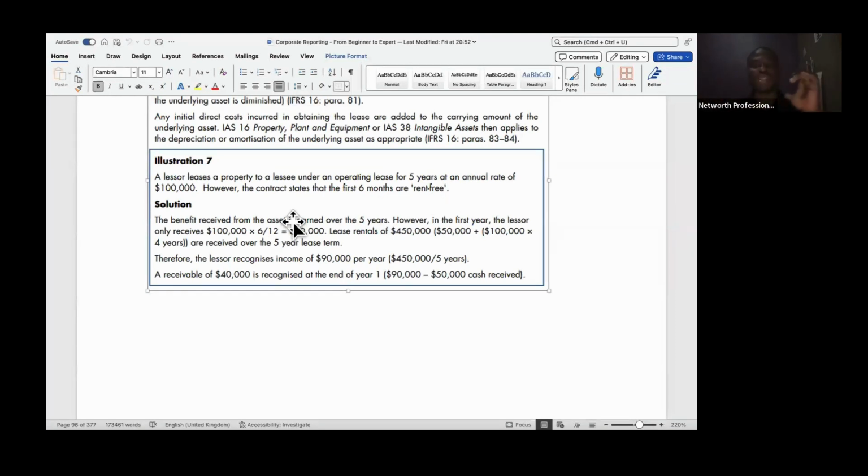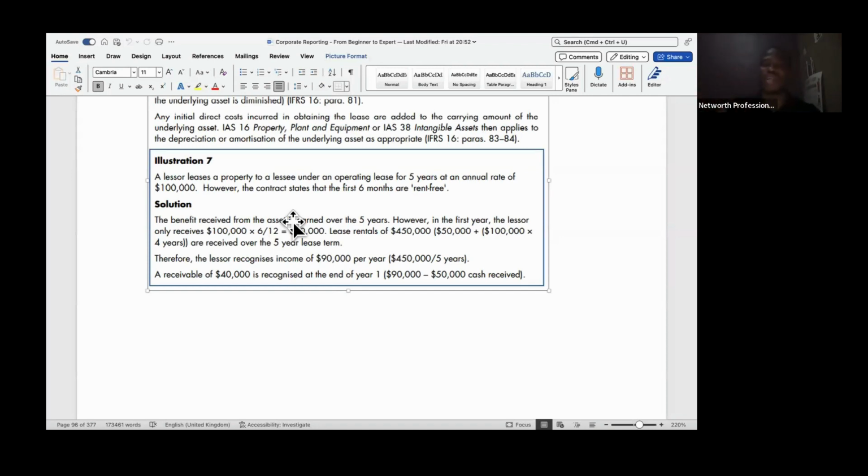It is this 450,000 that you are going to spread over 5 years. By the time you divide 450,000 by 5 years, you are going to recognize 90,000 naira to P&L every year.